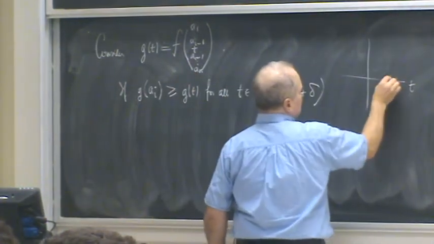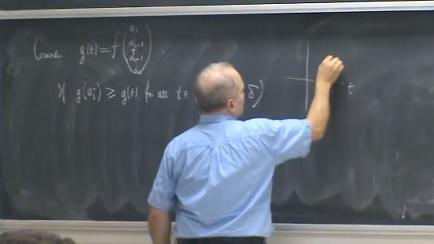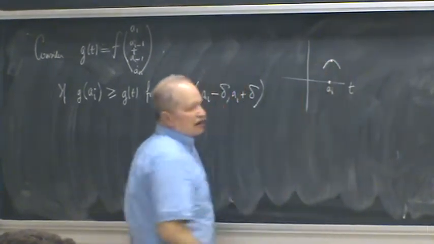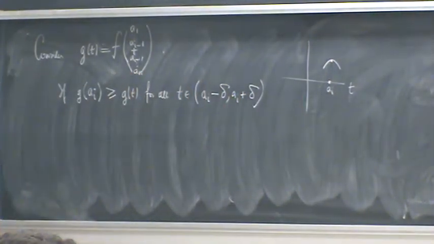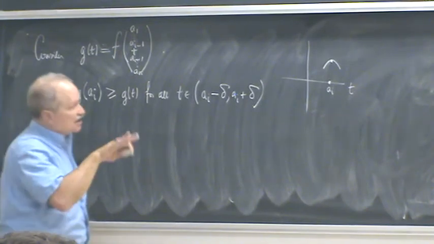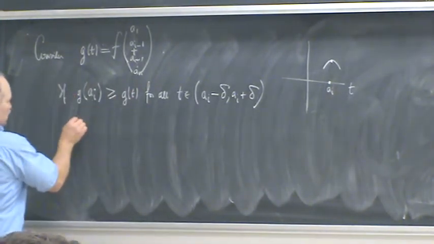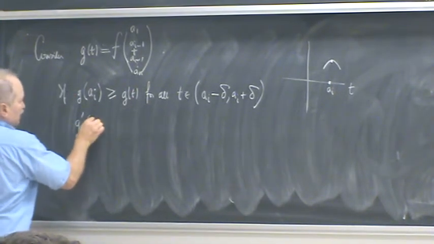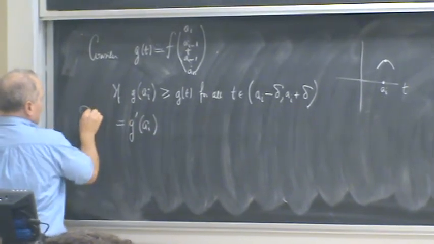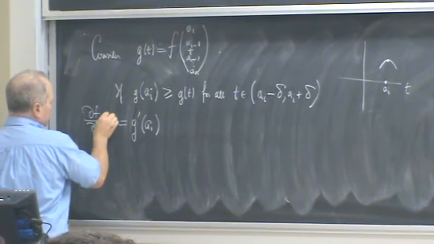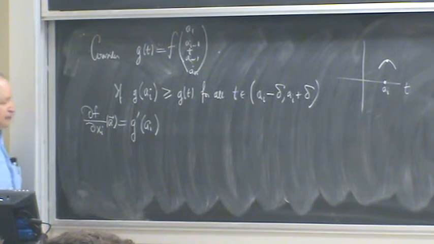Here's the t-axis, here's ai, here's a function that's biggest, or at most that height, at ai, and at lesser height or at most that height nearby. Then how do we see what g prime of ai is? This is what the partial derivative of f with respect to xi is going to be.